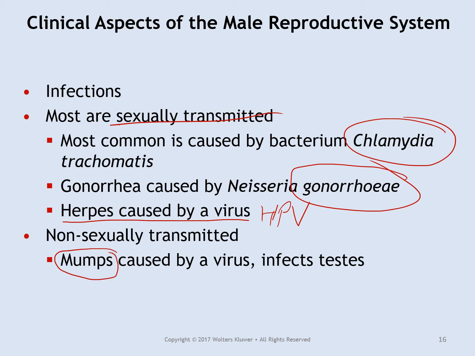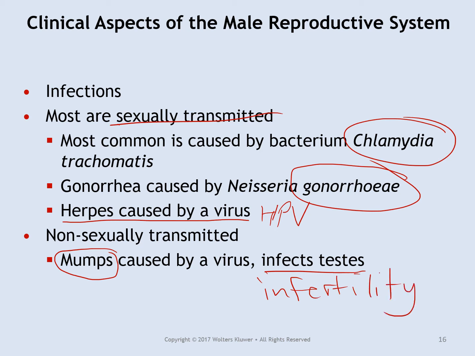Mumps in kids can cause these big, swollen chipmunk cheeks. It's usually not a terrible disease, but the issue with mumps is that it can get into the testes and then cause infertility later in life.